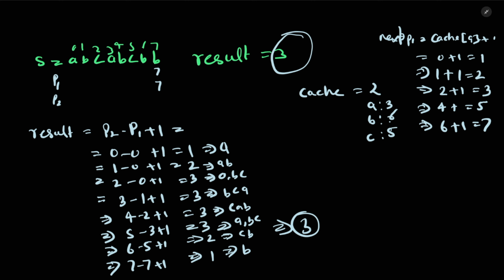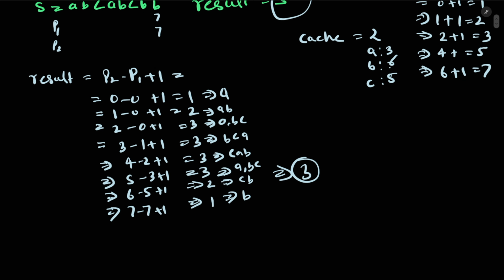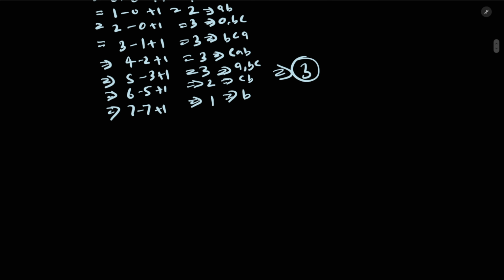Okay, so this is how we can calculate the result. Let's try to handle one more string where I think there will be a problem. So let's say the string is a b b a, and the output will be 2 for this case.